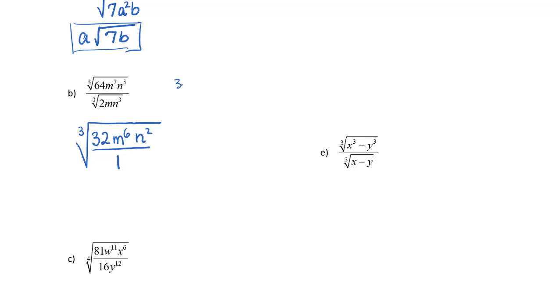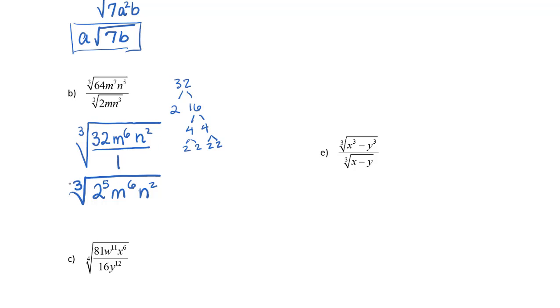Now 32, if you haven't memorized this already, this is 2 times 16. And 16 is 4 and 4, so hopefully you've figured it out already. We have 2 to the 5th is the same as 32. So let's rewrite this. The cube root of 2 to the 5th, m to the 6th, n to the 2nd, reduces to, now how many 2's could we take out?